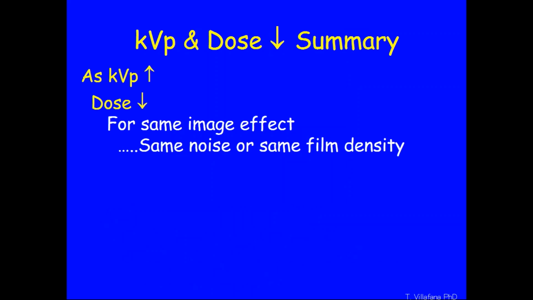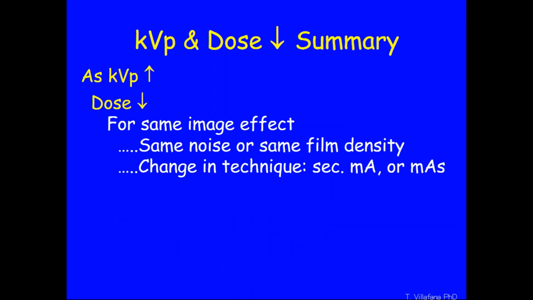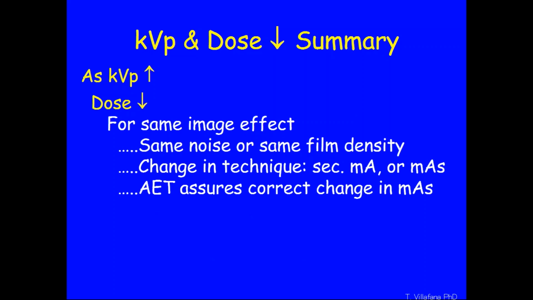We've already seen that as kVp goes up, the dose will go down for the same image effect, same noise, same film density, but you have to change the technique, the mA, the mAs, or the time. If you're using the AET, the phototimer, that's done automatically. The tech doesn't have to give that a thought.